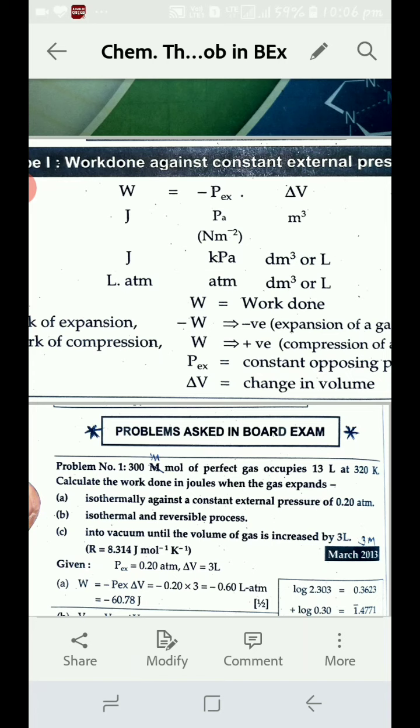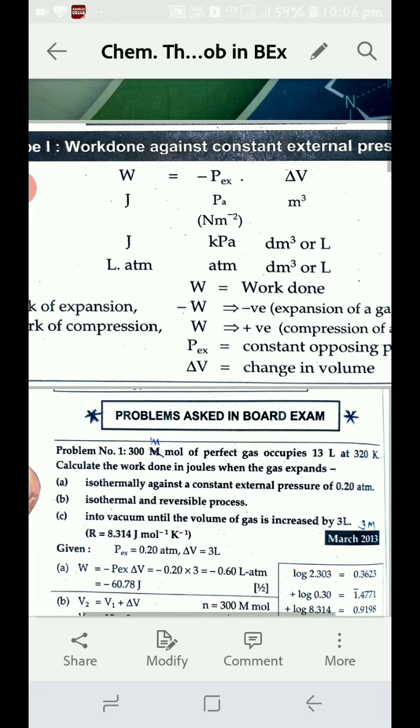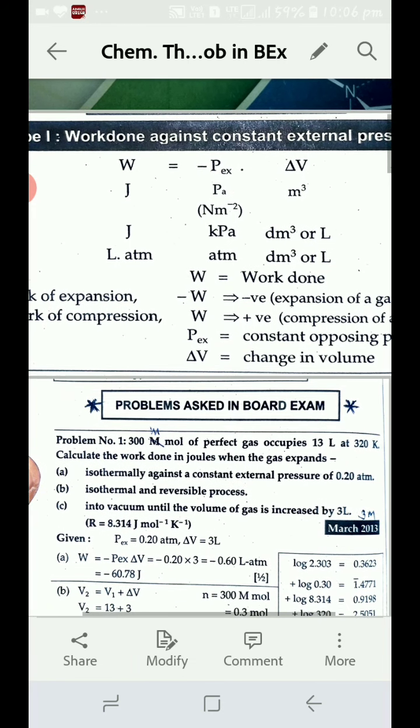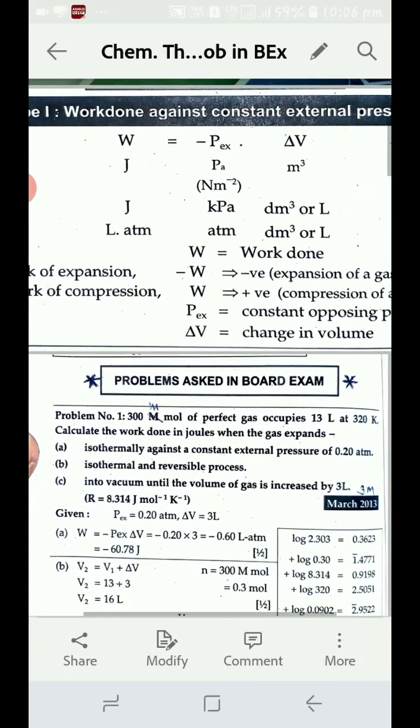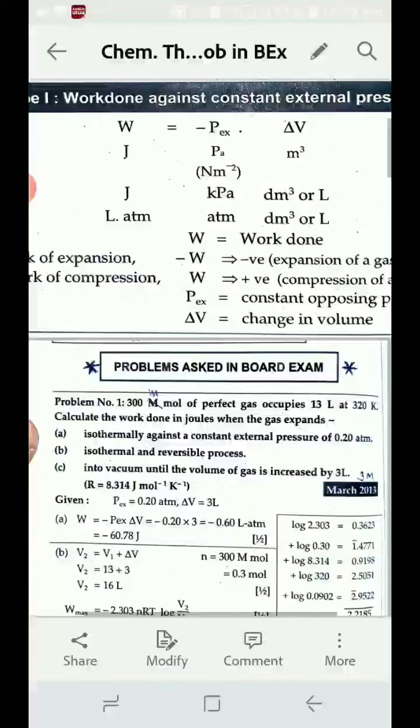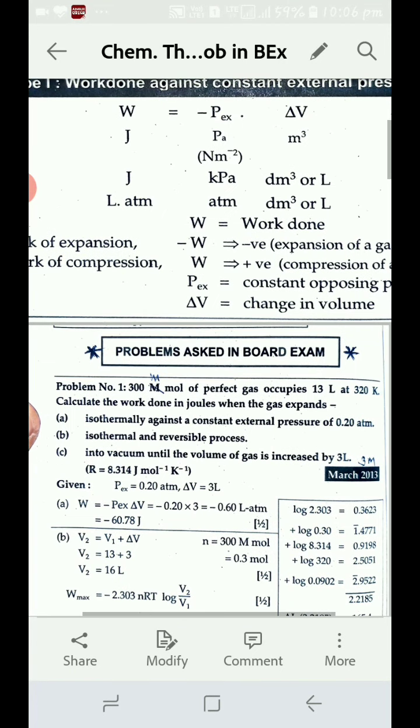Now B, isothermal and reversible process. The words reversible and isothermal mean you have to write the formula W max. W max is equal to minus 2.303 nRT log V2 upon V1.